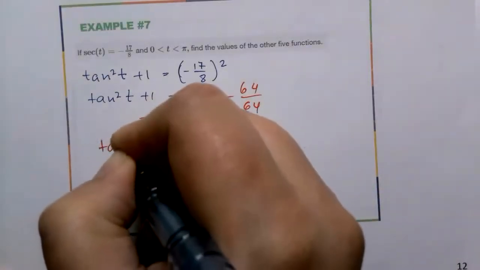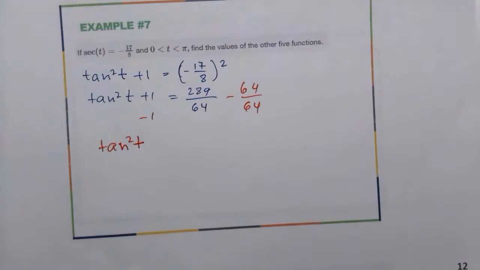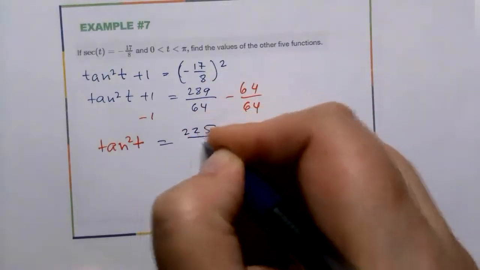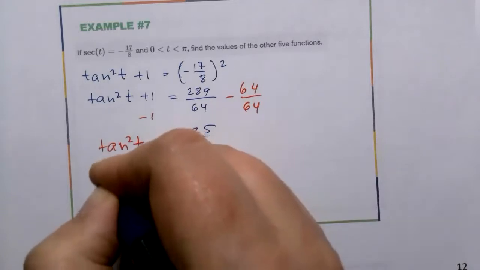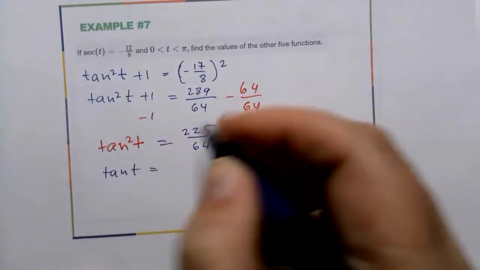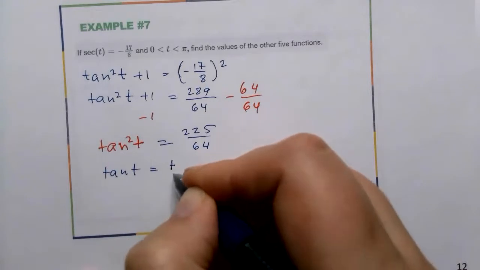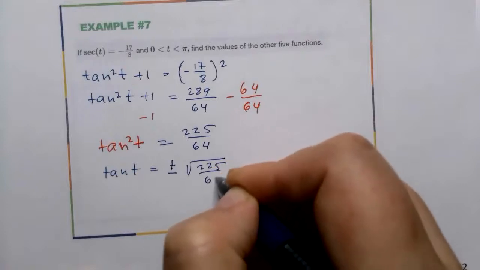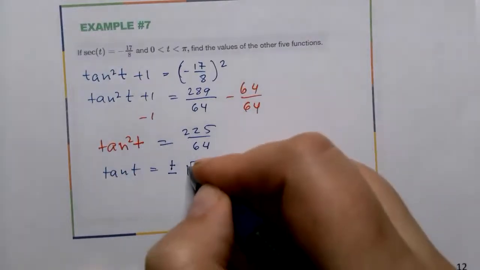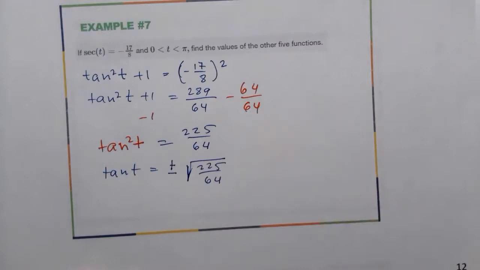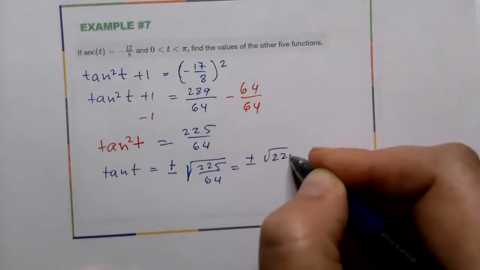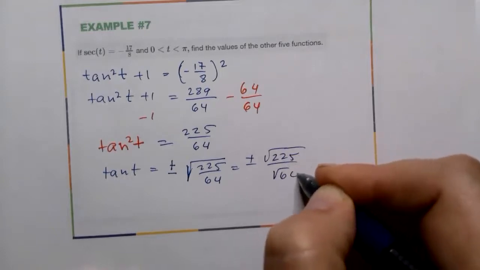So tangent squared t equals 225 over 64. For the tangent t, we're going to unsquare, so it's either positive or negative square root of 225 over 64, which becomes positive or negative root of 225 over root of 64.